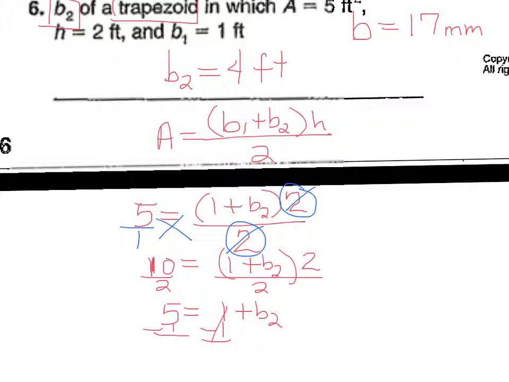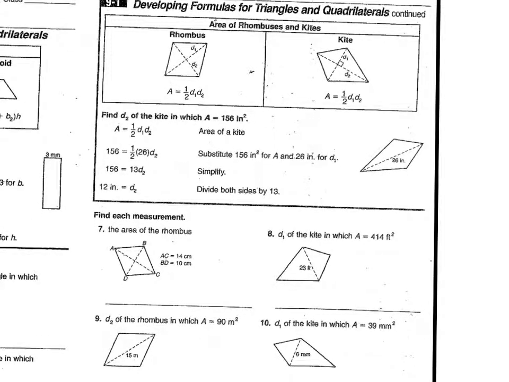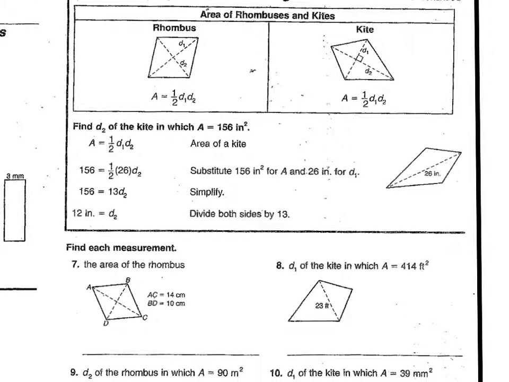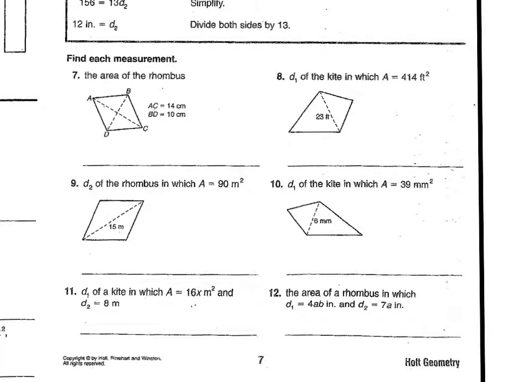Okay? Now we move on to the right side, where we're going to be talking about rhombuses and kites. Rhombuses, or rhombi, that's another way of saying rhombus in the plural. And the formula, do you notice that the formula is the same one? So you can also say that the formula is just A equals D1 times D2 divided by 2. If I use that formula in number 7, I have the area.